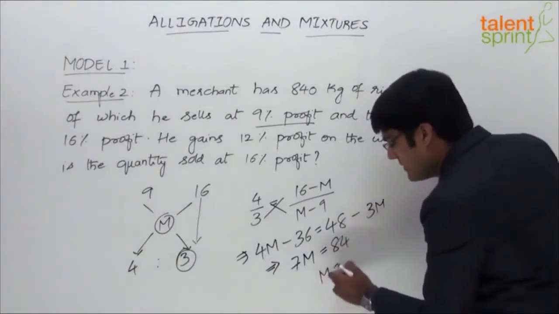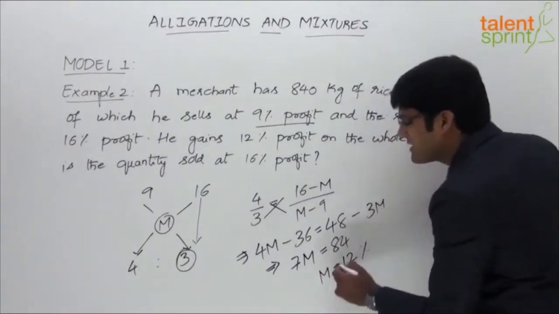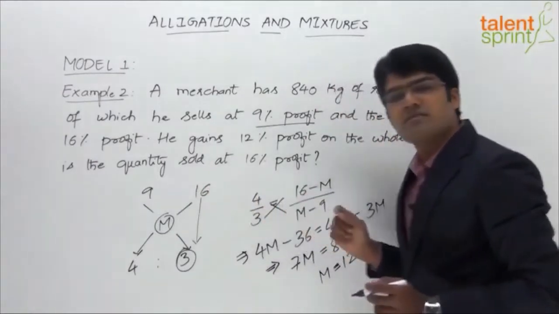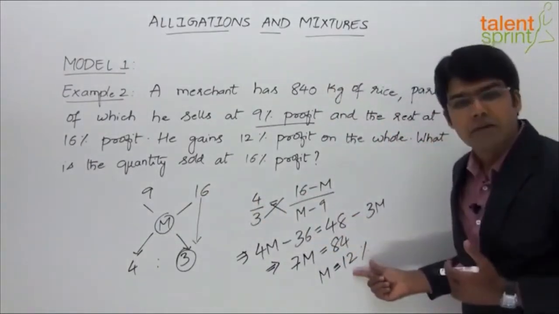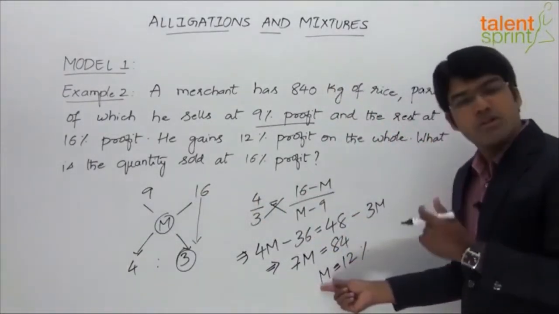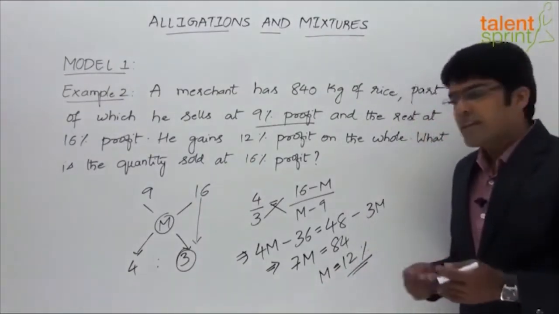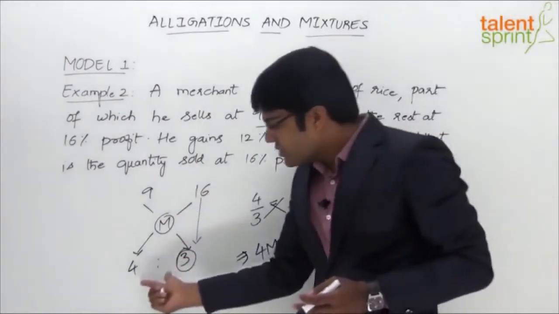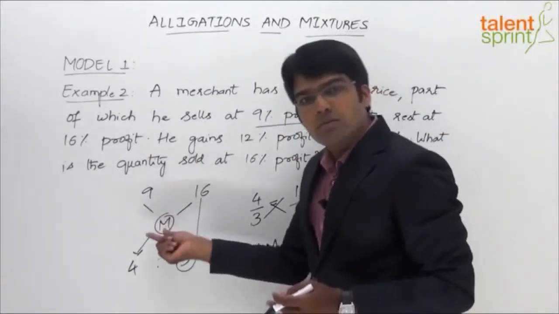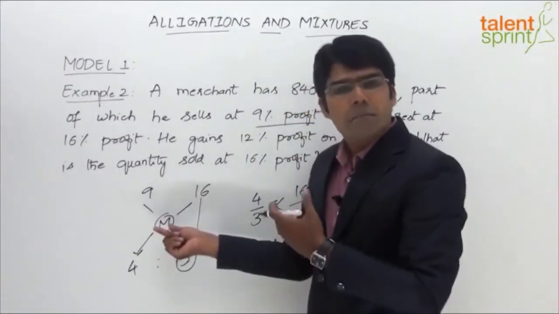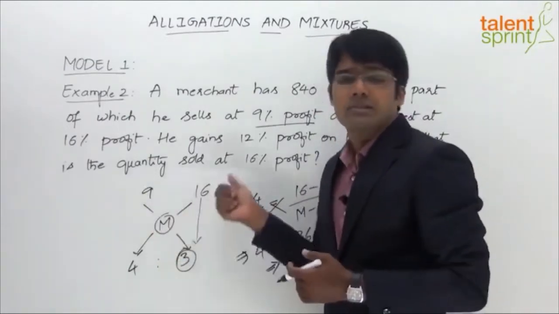So M will be equal to 12, which is 12%, because anyway these two values are in terms of percentage. So this also will be a percentage value. So M, that is the profit on the mixture, will be equal to 12%. So this is how we can either find out the ratio or the mean value, which can be mean price or mean strength or mean value, by using the alligation rule.